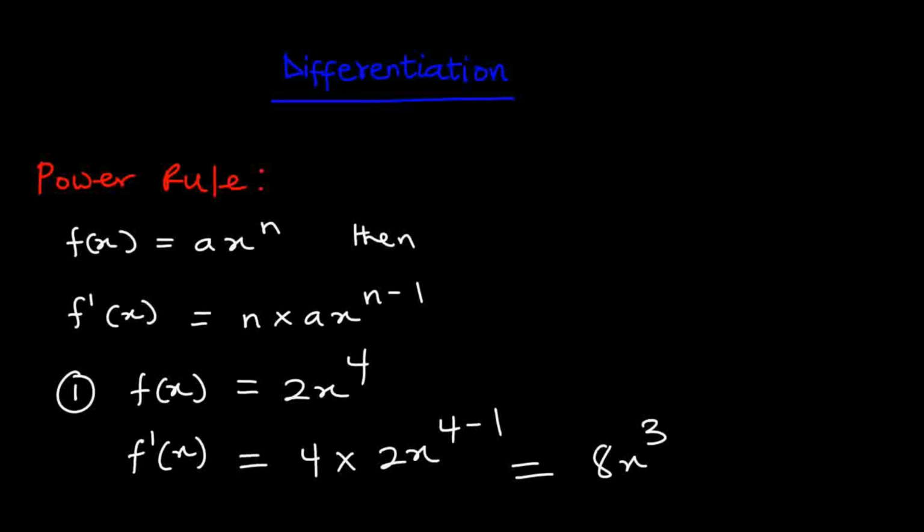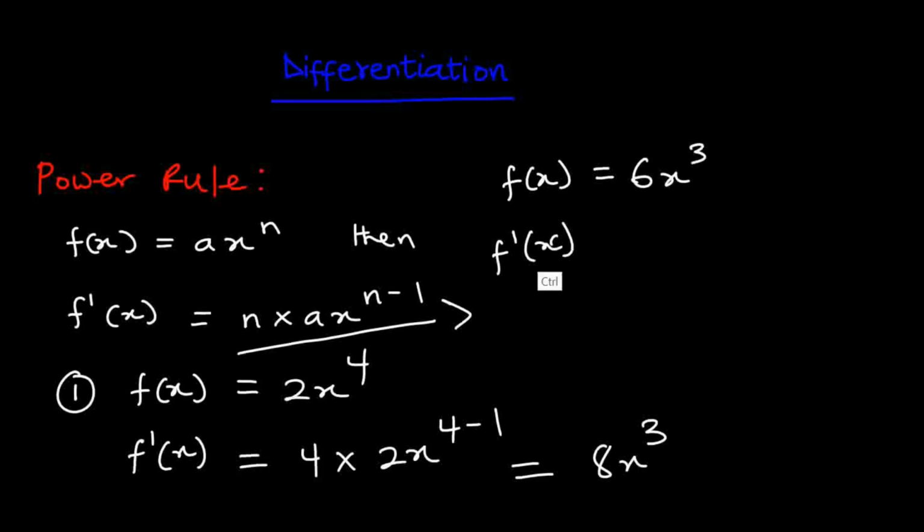Okay, let's look at how to apply this again. Let's say you have another function f of x equal to 6x to the power 3. Applying this rule, f prime of x equals 3 multiplying 6x to the power 3 minus 1.